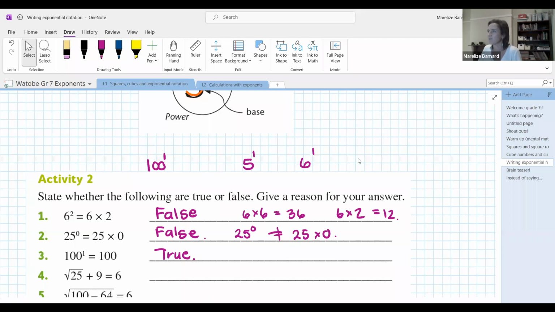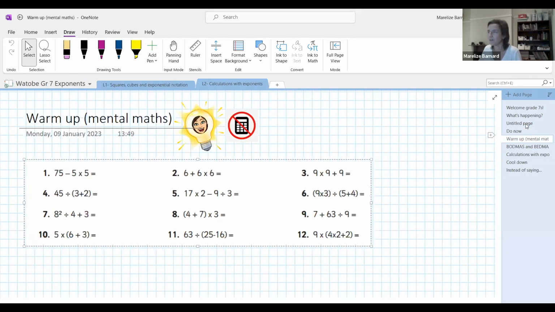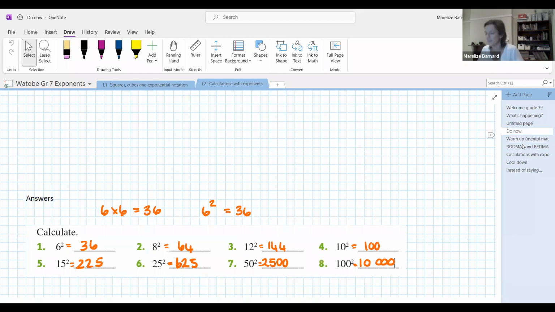Right, I think it's time for our mental maths for today. Let me just see where the mental maths is. Here we go. Okay, all right. So we all are warmed up because we've already done some maths today already. So yeah, get ready with your space and write your heading, mental maths, and I'll get the timer ready.